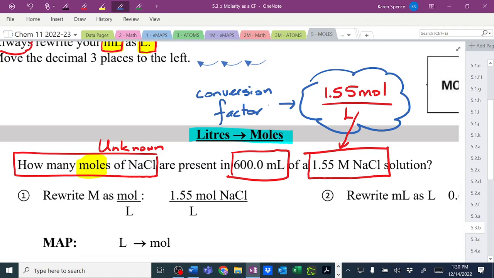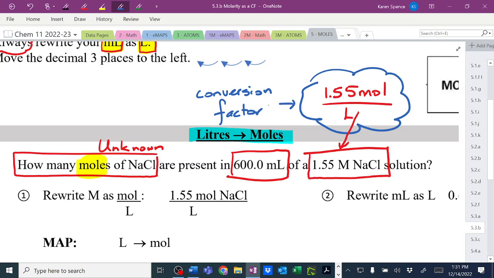The only tricky bit here, again, is the fact that that capital M is hiding moles and liters. You don't see them in the capital M, so you might be like, I don't know what to do. I'm going to remind you all the time, capital M means moles per liter. You're always going to rewrite capital M as moles per liter. Then you'll see the moles and the liters and you'll be able to cancel them.